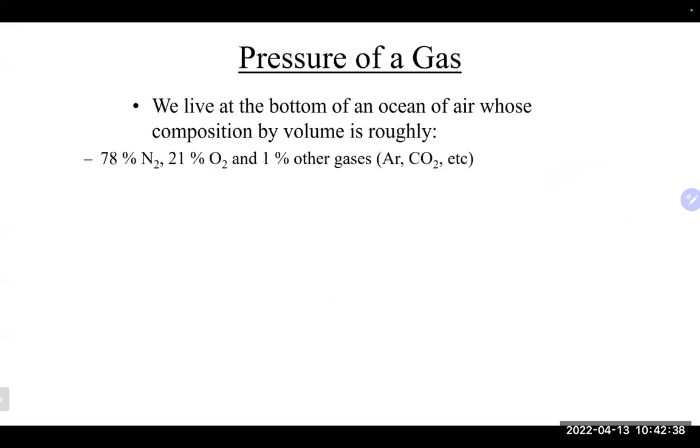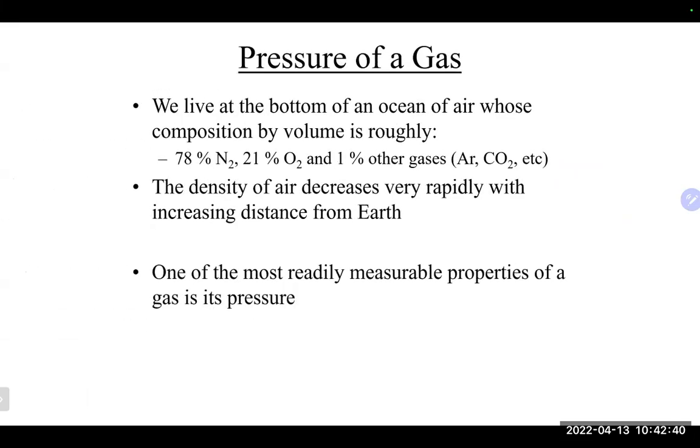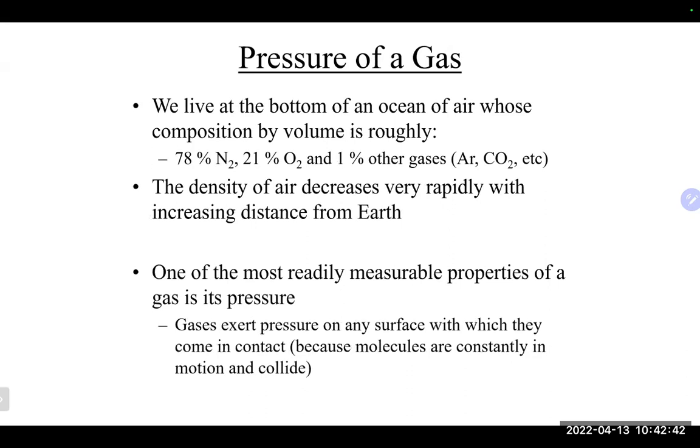So pressure is a very big measurable property that we talk about with gases. By the way, air is mainly nitrogen, and oxygen is second in terms of the actual gases you have there, plus some argon, carbon dioxide, and I guess wherever you're sitting, whatever else is floating in the air. But the majority of air is nitrogen.